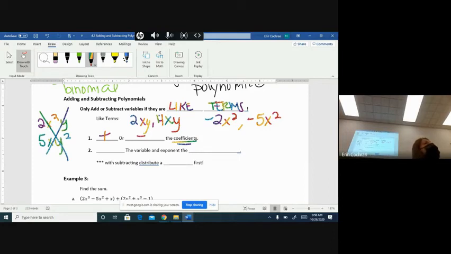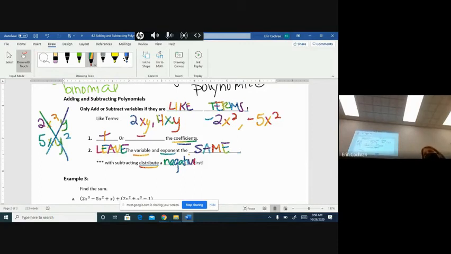What's 2x plus 3x? 5x. We leave the variable and exponent the same. When subtracting, I always like to distribute the negative first, so you guys don't lose minus a positive, minus a negative.